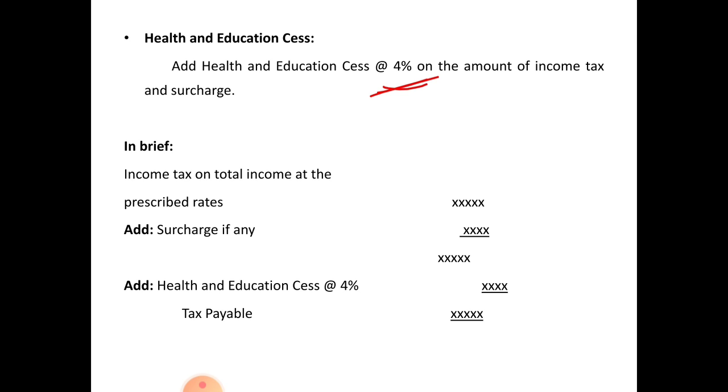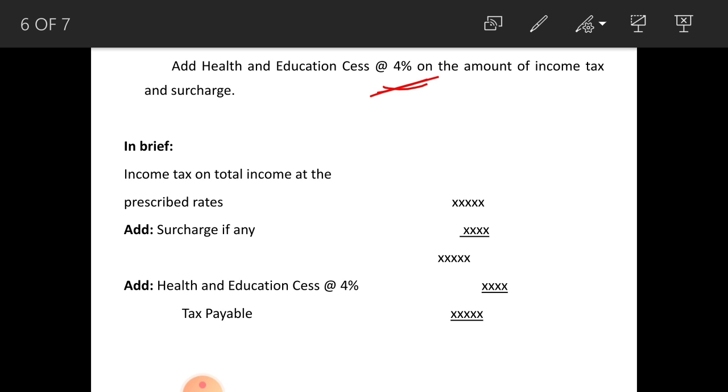In brief, you can calculate the tax liability as follows. That is, income tax on total income at the prescribed rate. After calculating this, you have to add surcharge if any. That is, if their income after applying this prescribed rate exceeds 50 lakhs, you have to add surcharge, and you have to add health and education cess at 4%.